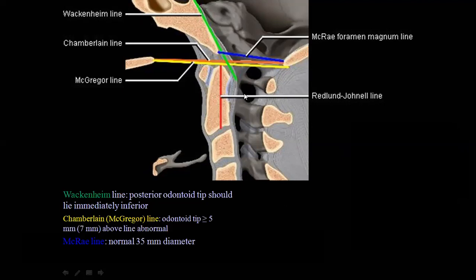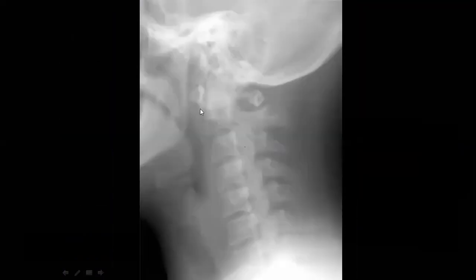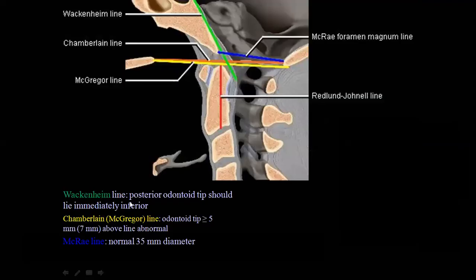I think this is very, very important in the exam, and it's very subtle. So when you check the X-ray, you should check these lines by eye, and you will find that the odontoid is displaced upward. That means that there is misalignment.